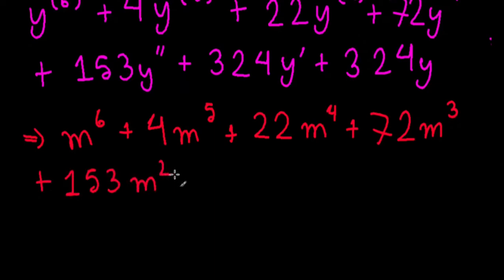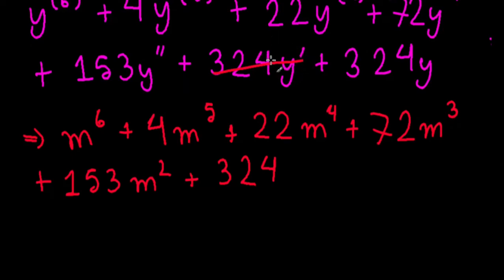By the way, this might not need to be mentioned, but we really need to be careful that we place the corresponding powers of m for the derivatives here. Suppose, say, that the y prime term didn't exist.